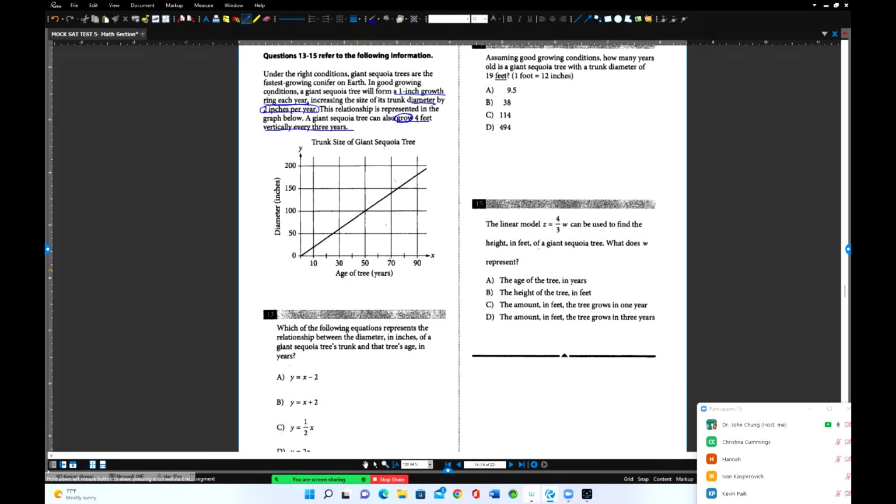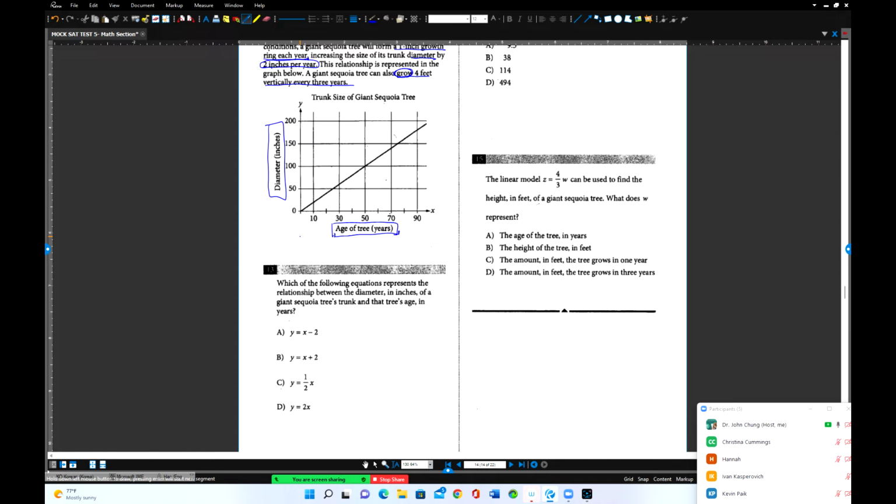Okay. But this is the age of a tree. This one is a little bit confusing. They don't say any age. Okay, anyway, given the graph, this is the age of a tree and this is the diameter. As the age of a tree increases, the diameter gets bigger.